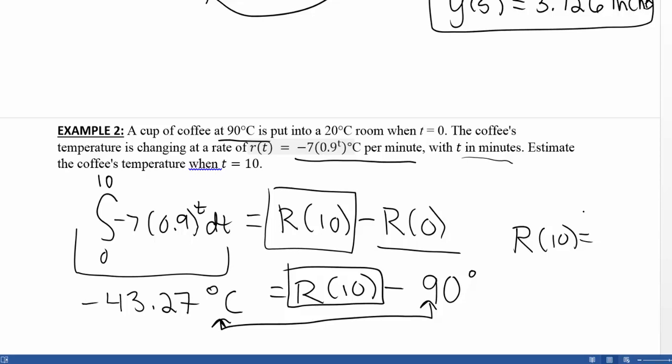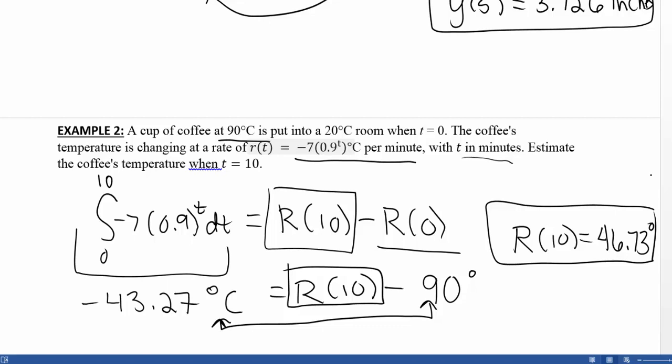Remember we have to add it because it's subtracted on the right. When we add that over, we're going to get 46.73 degrees.